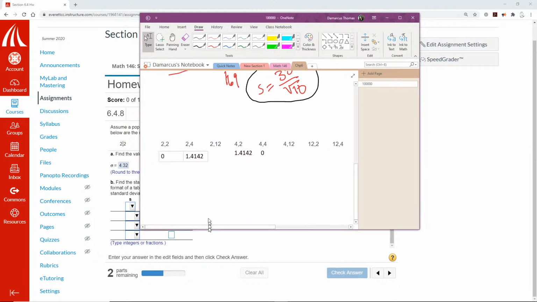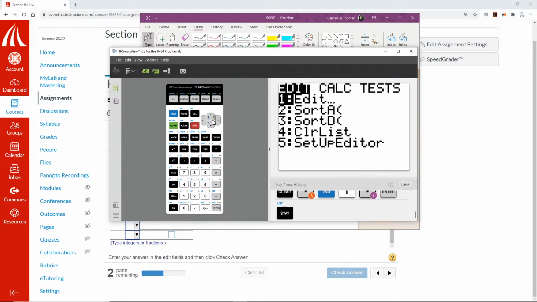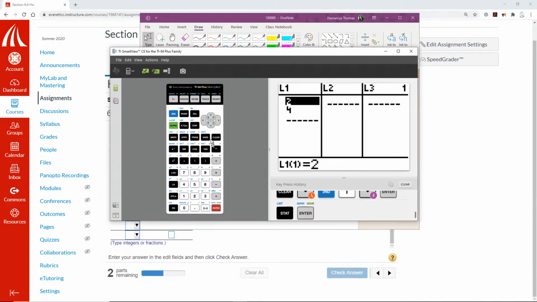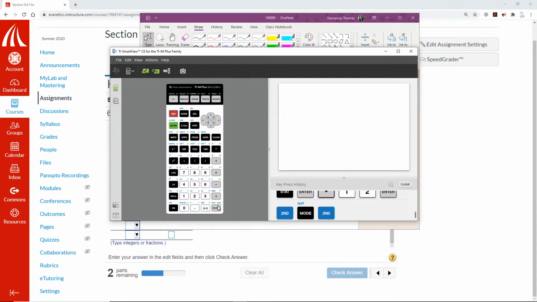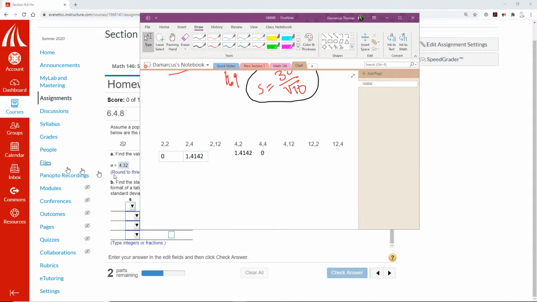I have to find the standard deviation of all of them. 2 and 12 is next. Let's see if I can get the standard deviation of 2 and 12. 7.071.